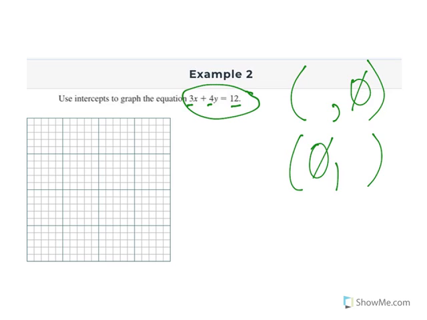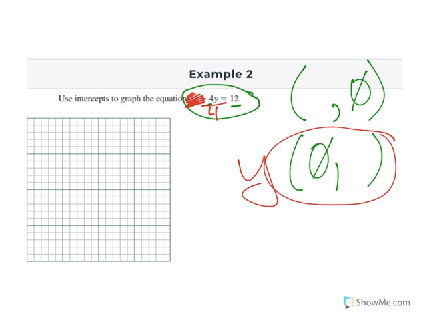In order to find the y-intercept, just cover up the x with your finger or pencil, or cross out the x. So to figure out the y, cross out the x and solve. Divide by 4 and y equals 3.